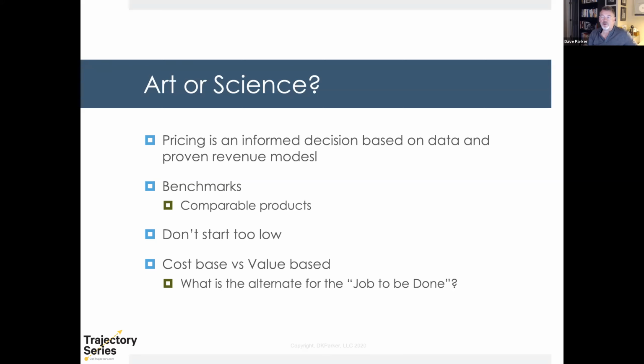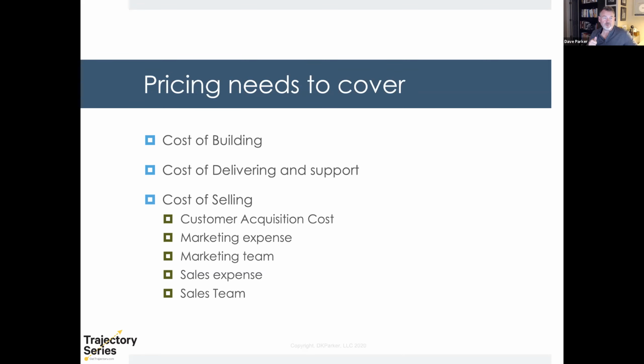So your pricing has to cover the cost of building your product, the cost of delivering your product, and the cost of selling your product. So the cost of delivering and support also includes your hosting, your technical support. So think about it from the cost of building: here's my engineers, here's my QA, here's my test. All of those bodies have to get paid for with pricing.